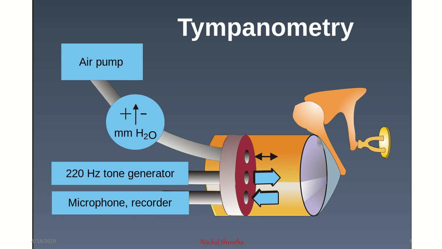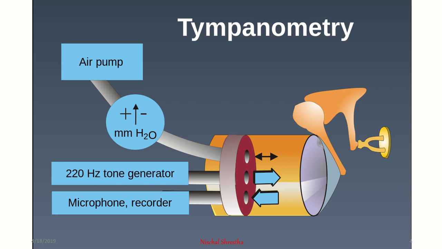And the third channel records the sound that is being reflected by the tympanic membrane. So if the returning or reflected sound is more, we can suspect that the tympanic membrane is less mobile, and we can find out the different causes of that.